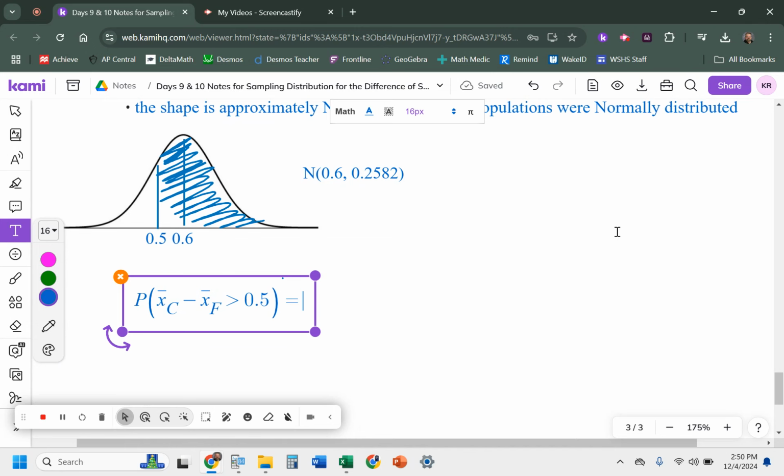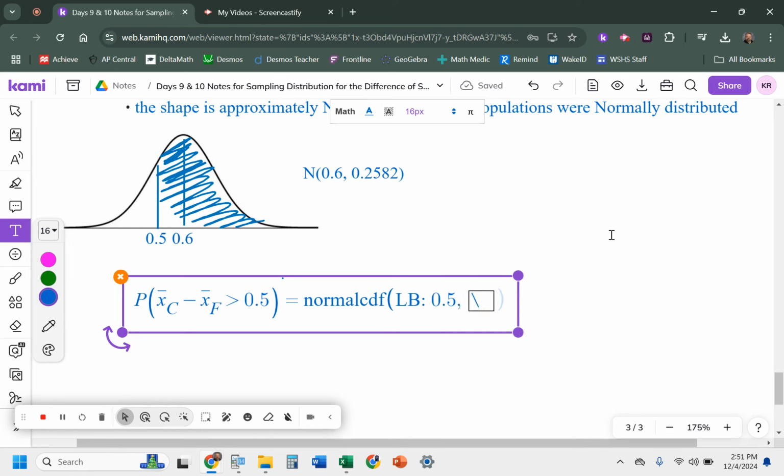So I've got my curve up there, I've got my parameters, we checked our conditions, so now we'll say normal CDF, and we're going to go ahead and get started. So I've got my lower bound. Well, my lower bound here would be the 0.5, because they asked what's the probability that it would be more than that. My upper bound then technically would be positive infinity.